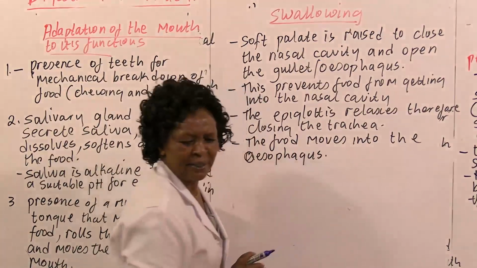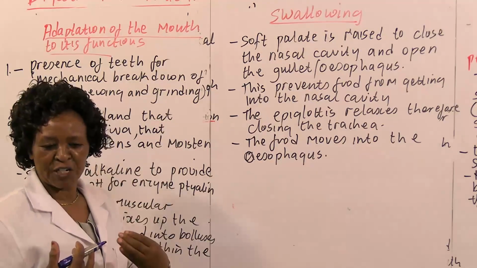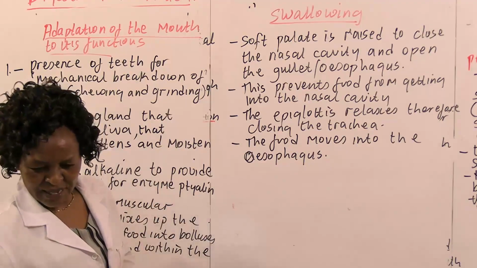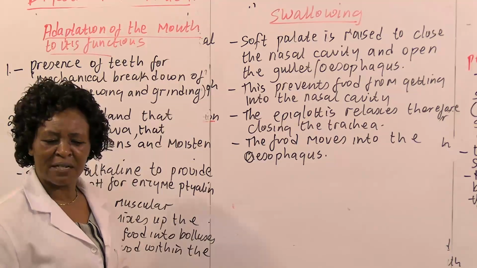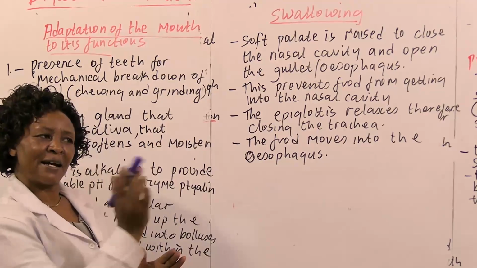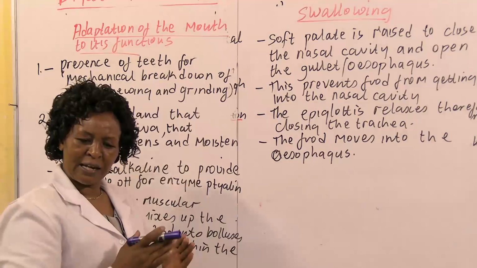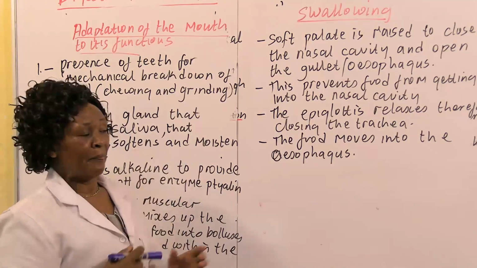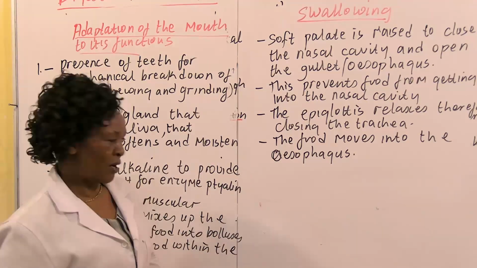Now, this esophagus, or the food pipe, runs from the mouth to the stomach. This food pipe is made up of two muscles: circular muscles and longitudinal muscles. Muscles along the length of the esophagus are called the longitudinal muscles, and those around the diameter of the food pipe are referred to as the circular muscles.